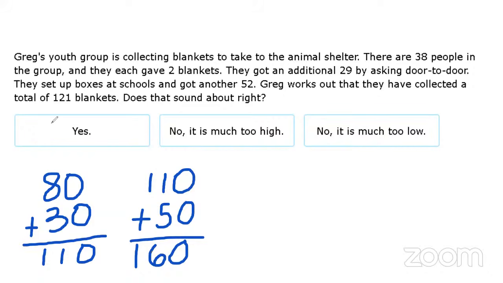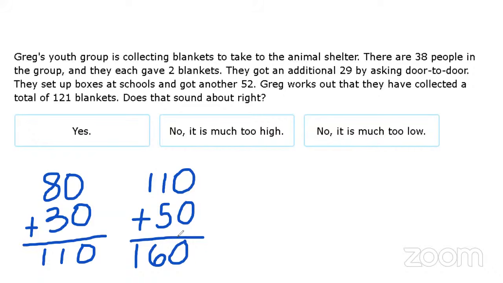So 156 and 160 are in the same range. Now, say we have 121, but we roughly calculate it in our mind and we got 160. It's much too high. So our answer would have to be no, it's much too high, because if you find the difference between 121 and this estimate, we would have about 39 more blankets than the actual amount. Or let us think about it, 35 more than the actual amount.